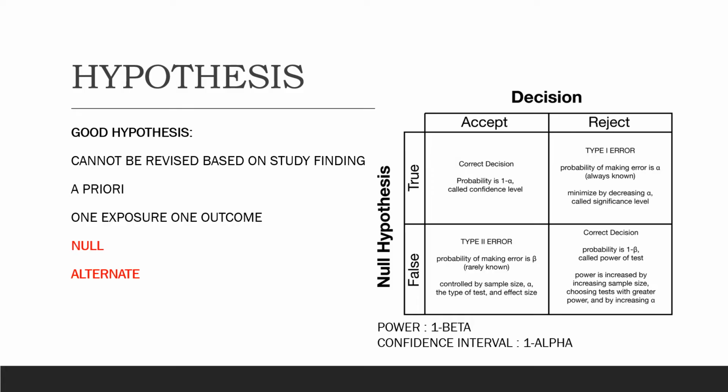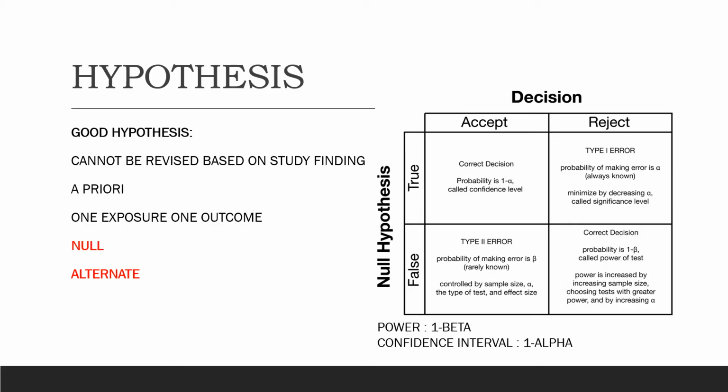Supposing it is false and we correctly reject the null hypothesis, then that is the power of the test. That is doing things rightly. That is called 1 minus beta and is called the power of the test. It is increased by increasing the sample size, choosing the test with greater power, and by increasing the alpha.